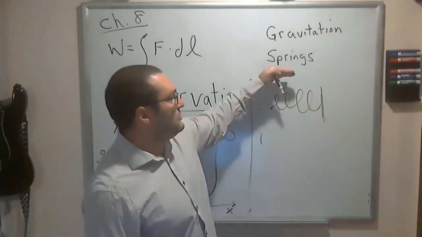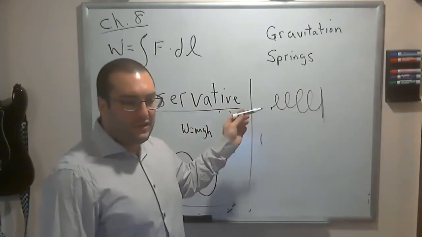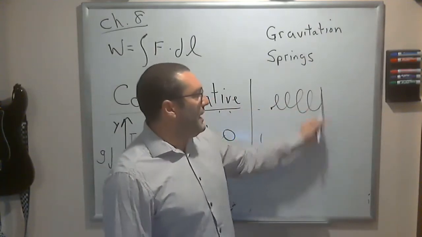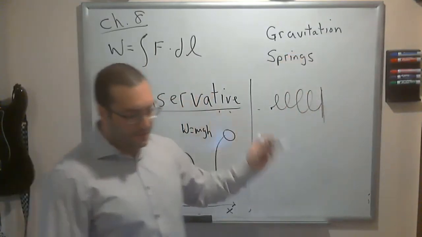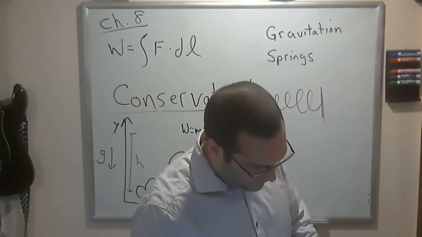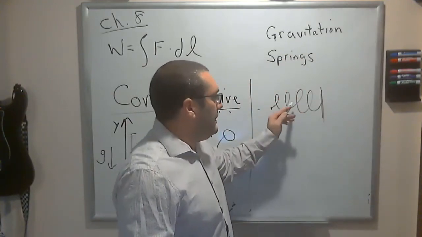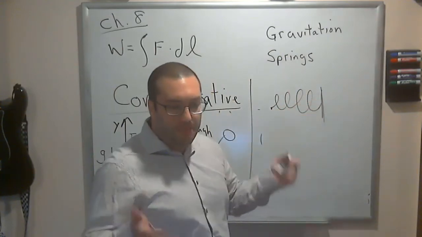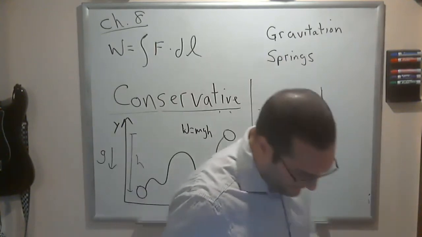This is a conservative force, because this force is always in this direction. It never changes. So we don't care about how much it moves up and down, we just care about how much it moves in and out. It's path independent. It doesn't matter if it starts from here, moves around and ends up back at equilibrium. We'll still have the same amount of work done in the system.